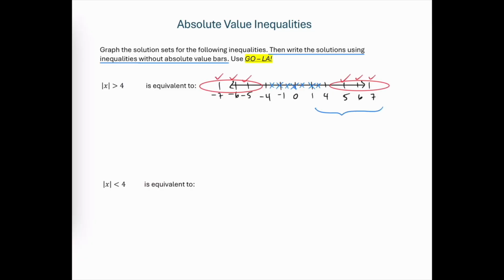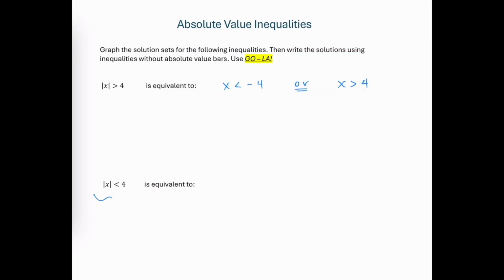So this region out here is the region where x is greater than 4. This region down here is the region where x is less than negative 4. Now either of these regions work, so we're going to combine these two regions with the word or, meaning that the x values that solve this inequality can either be greater than positive 4 or less than negative 4.